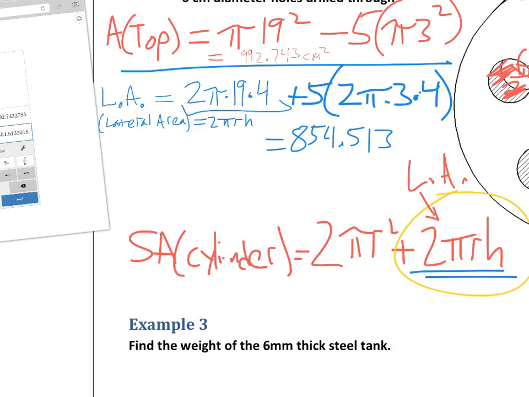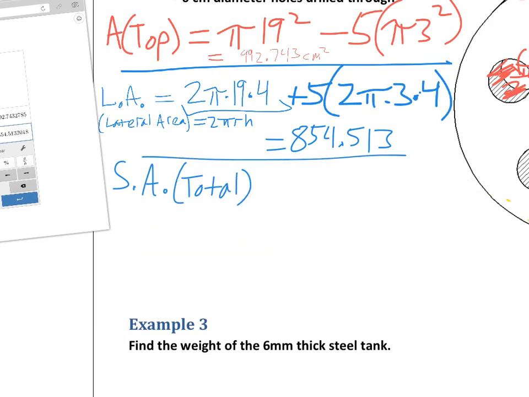Great, so now we need the total surface area, and then we're done. To find the total surface area, which we can abbreviate as SA, maybe we'll put SA total, just to remember that we're now adding the whole thing. For the total surface area, we're going to have the top and the back, front and back, so we're going to have 2 of those.